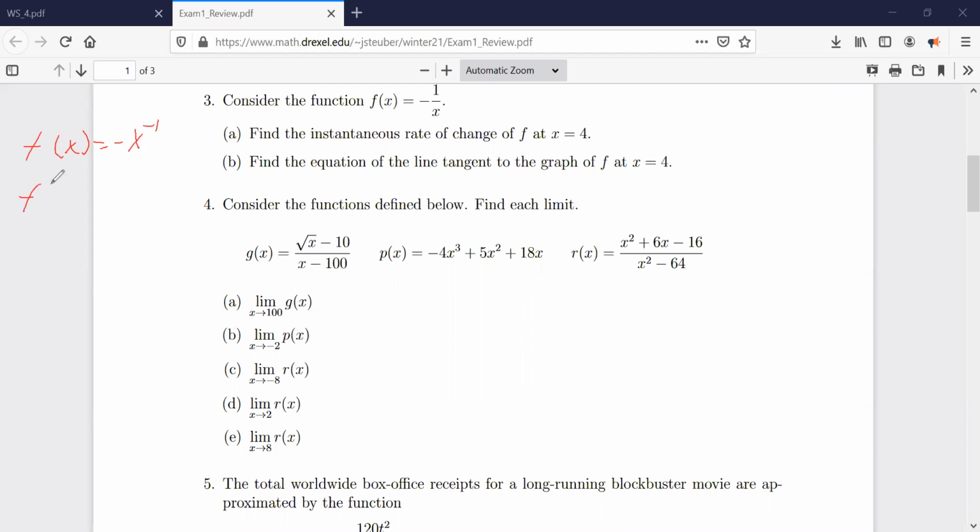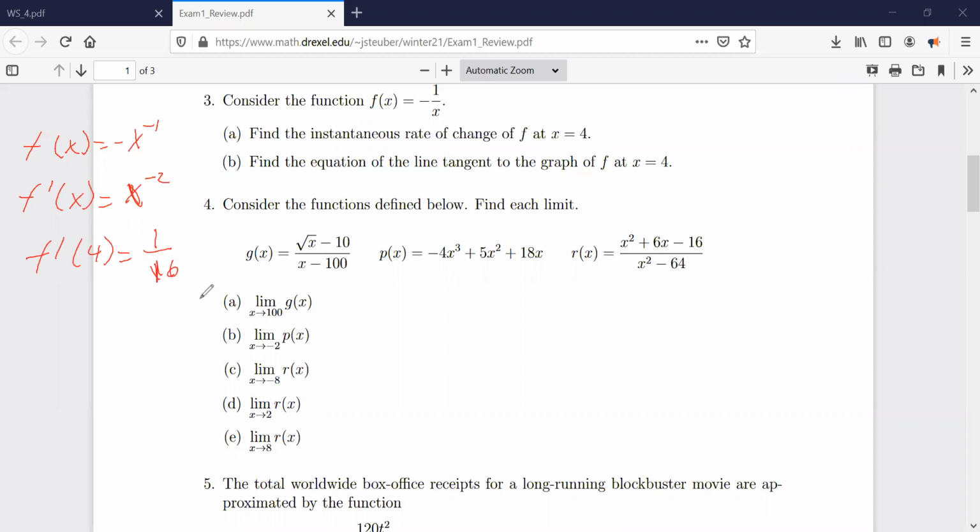And then we get f prime of x is equal to, negative times negative is positive, so it just becomes x to the -2. So then if I do the instantaneous rate of change at x equals 4, then f prime of 4 is going to be equal to 1/16.